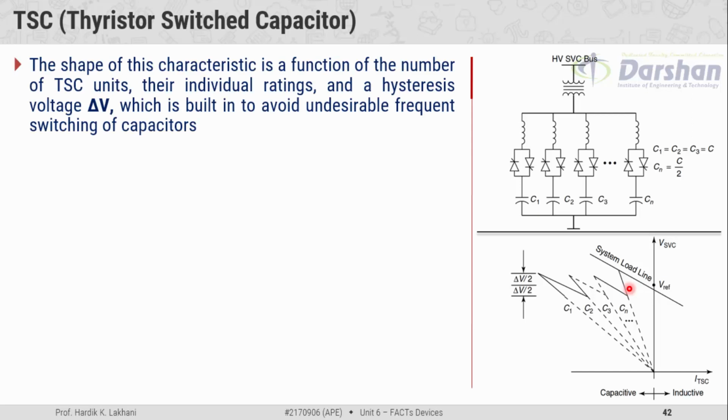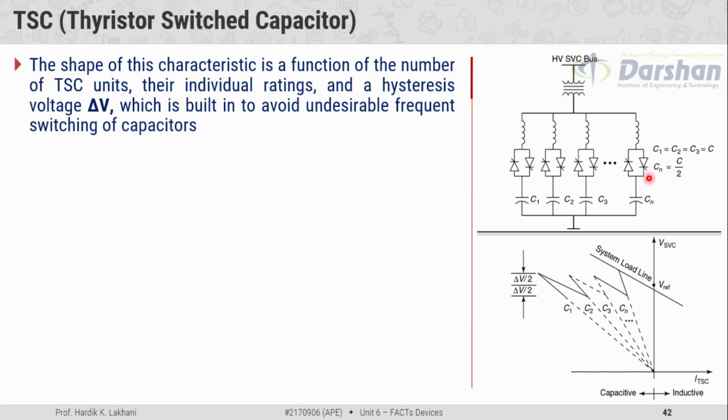The shape of this characteristic is a function of the number of TAC units, their individual ratings, and a hysteresis voltage delta V, which is built in to avoid undesirable frequent switching of the capacitor. So let me describe this characteristic with reference to this line diagram. If only one branch of this TAC unit is conducting, then we get the characteristic like this.